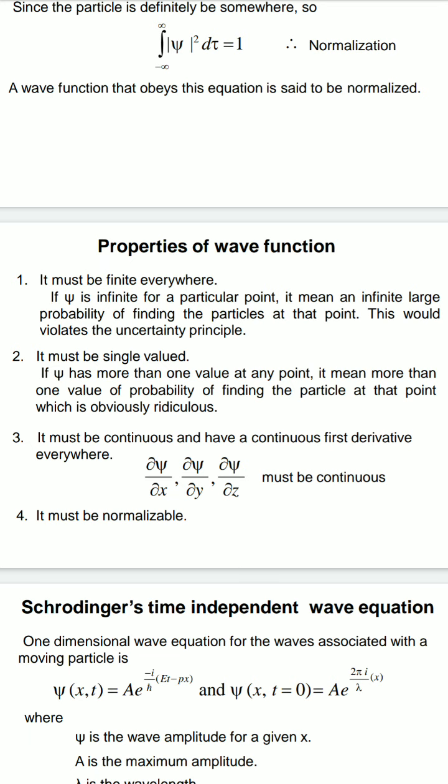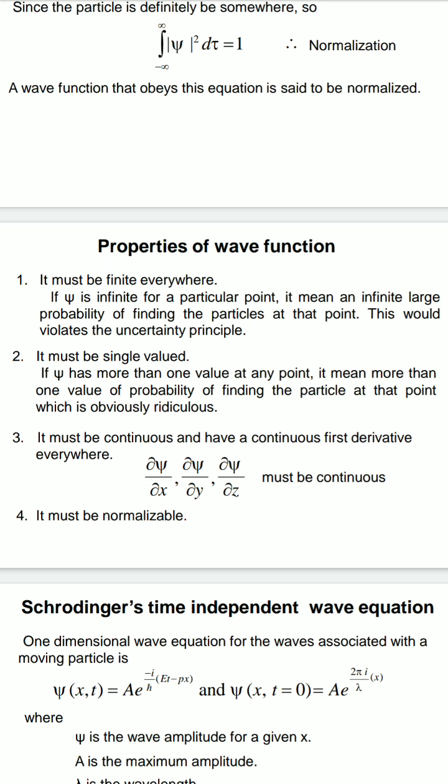Then the integration of psi modulus square d tau from minus infinity to plus infinity will be infinity. So that is not possible.